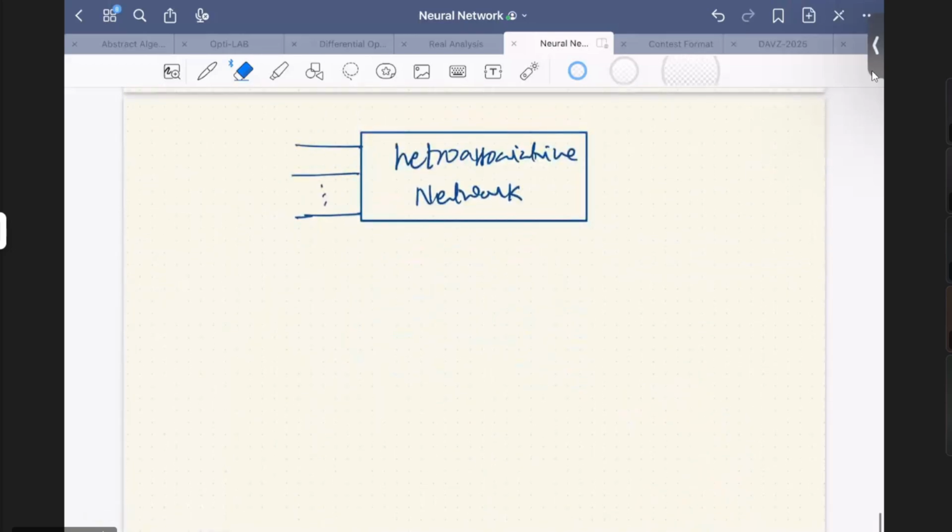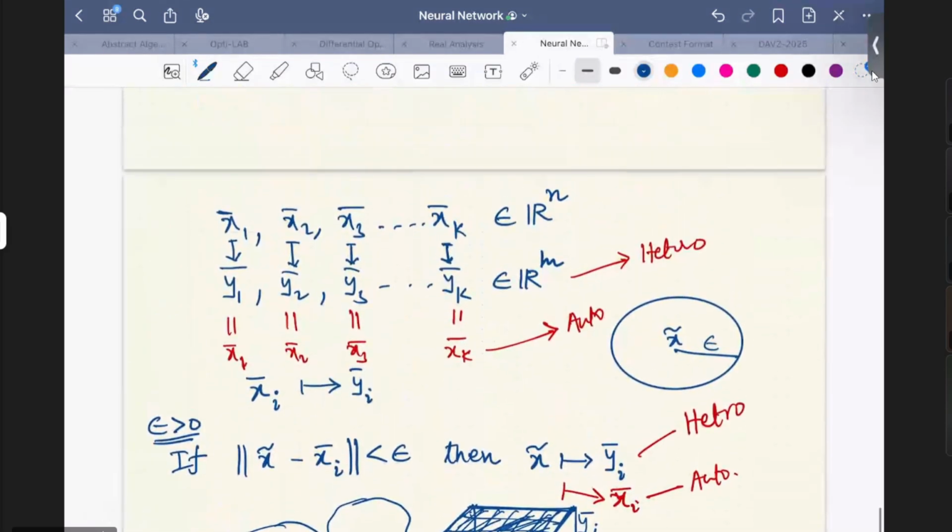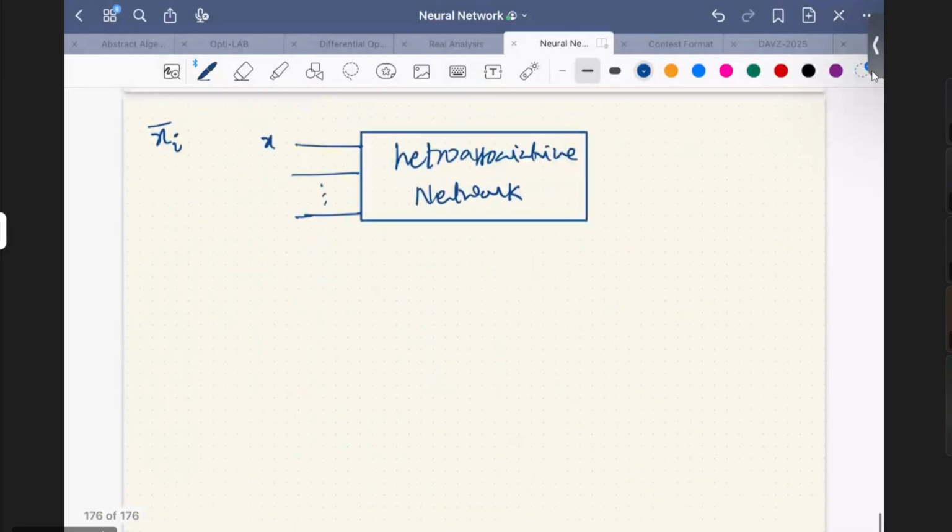So if you take an n dimensional vector, and you are supplying some xi bar, now I have a little problem with indices. I anticipated it but didn't care much.